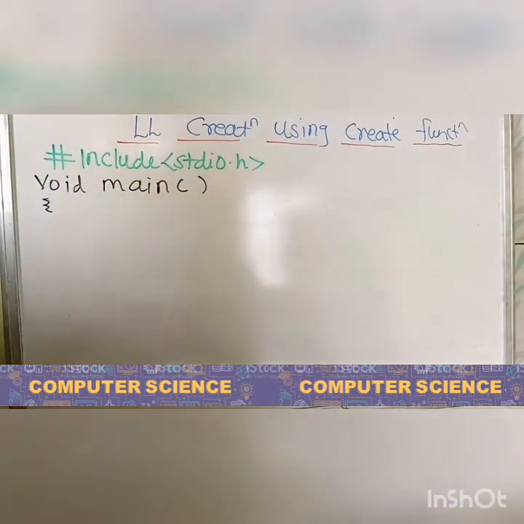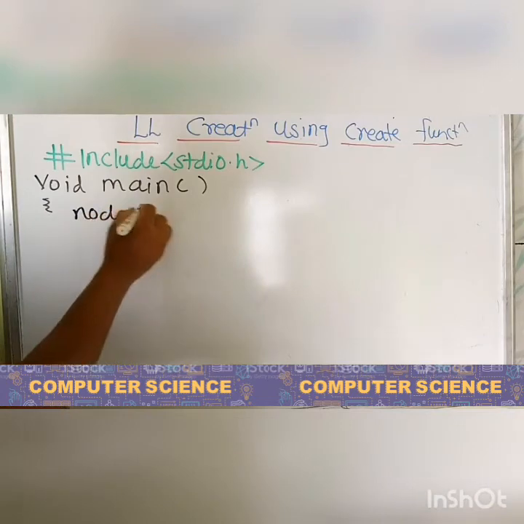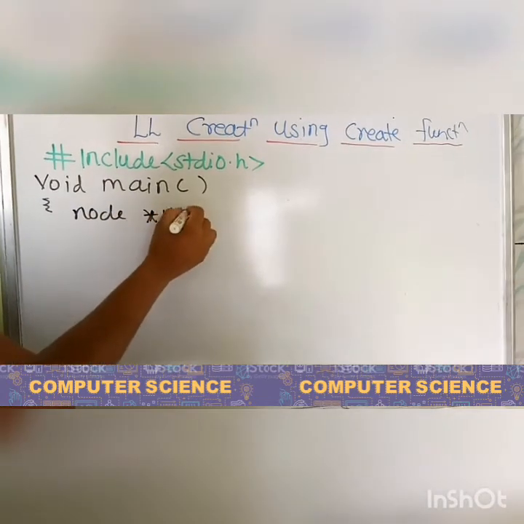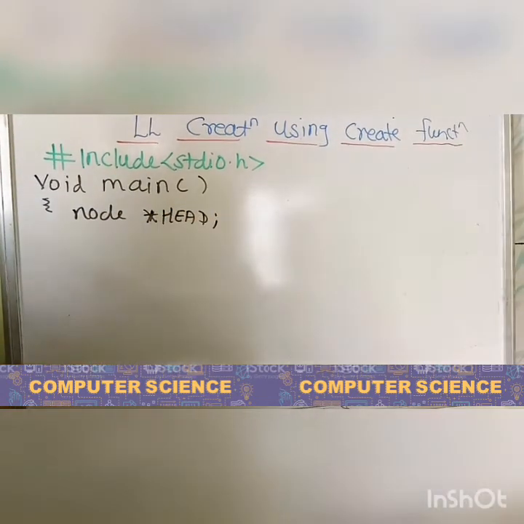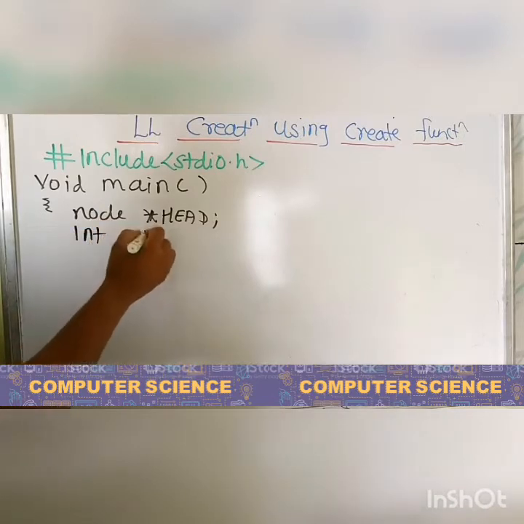Then as we know that we have to create one head node for the list, so we will declare it as node *head. Then we have to ask the user about the number of nodes it wants to create in a linked list, so we will take it as an integer n.